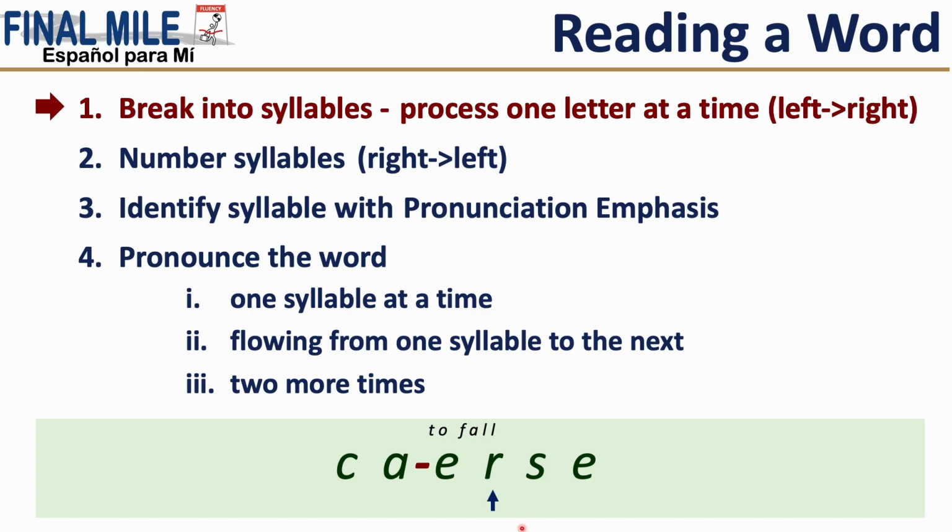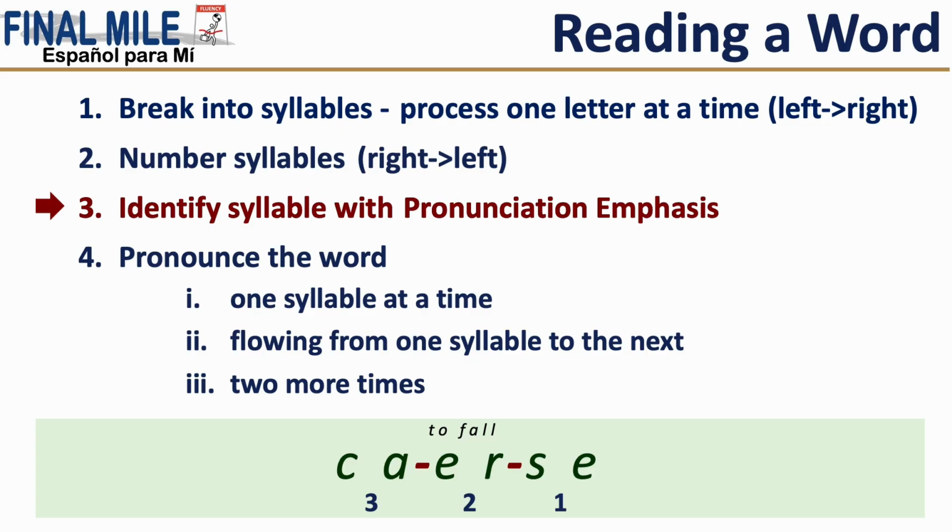We don't know if the E by itself is a syllable. That's a consonant, that's a consonant, that's a vowel, and 2 consonants between vowels. The break is right there. Number the syllables: syllables 1, 2, and 3.